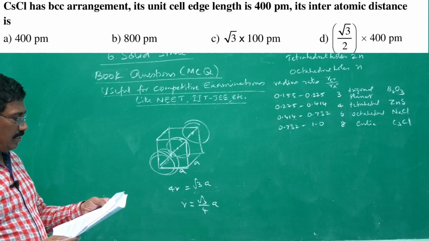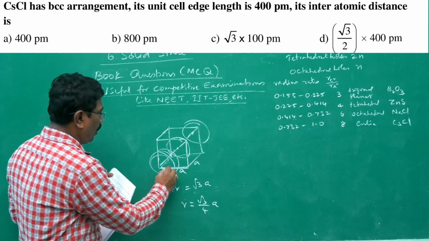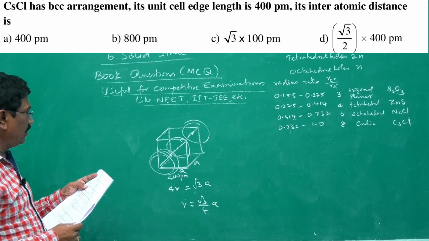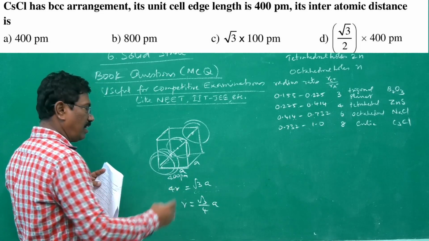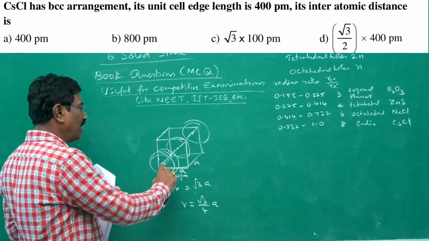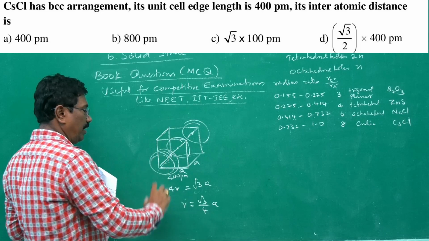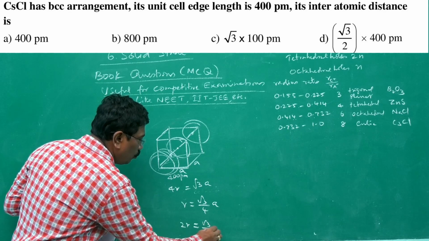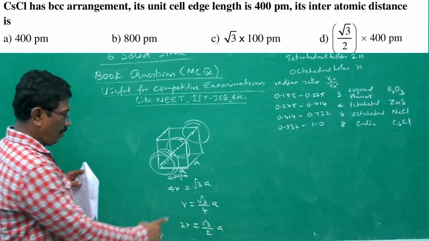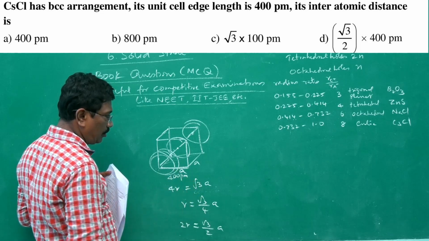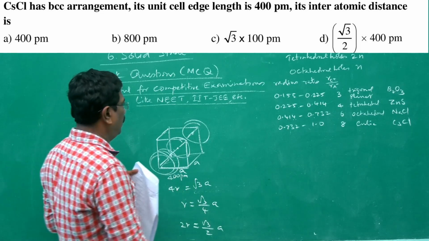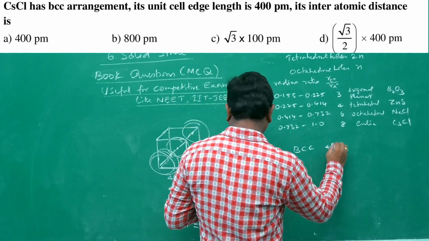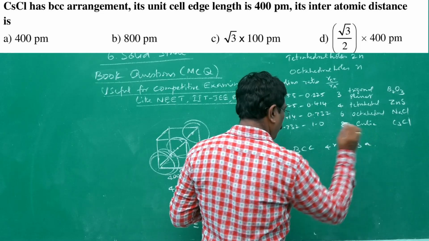Now the question is, its unit cell edge length is 400 picometer. Its interatomic distance is asked. Interatomic distance means 2R is asked. Radius is not asked. Interatomic distance, one atom, second atom, is 2R. So 2R is equal to root 3 by 2 a. 4r is equal to root 3a, so in the case of body centered cubic arrangement, we should know that.